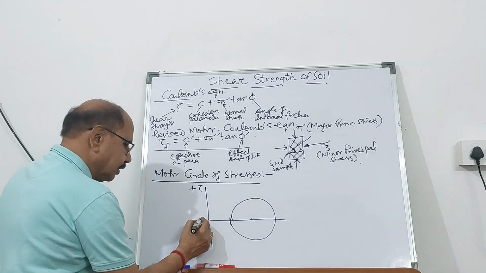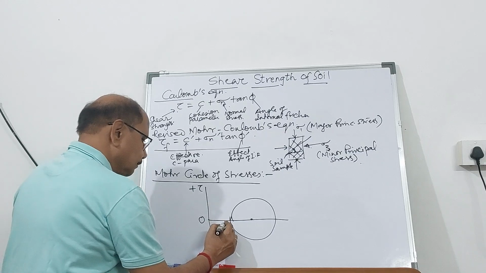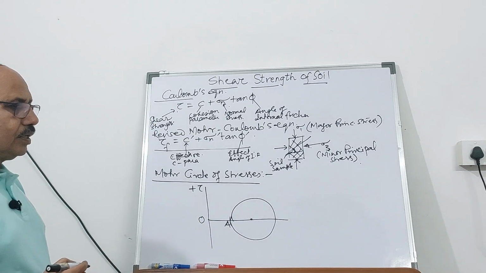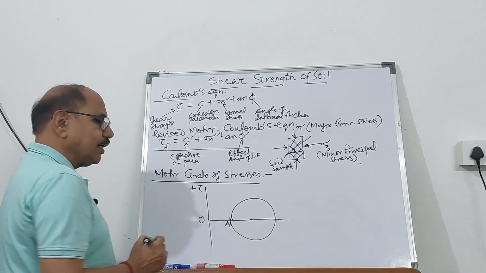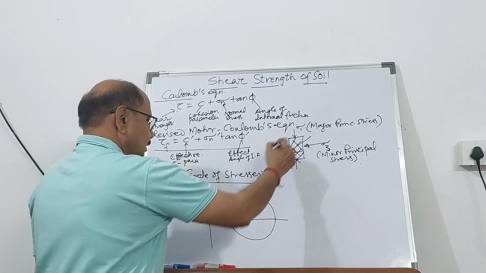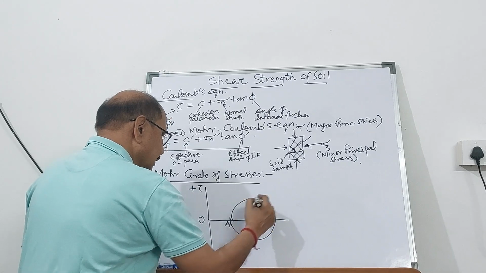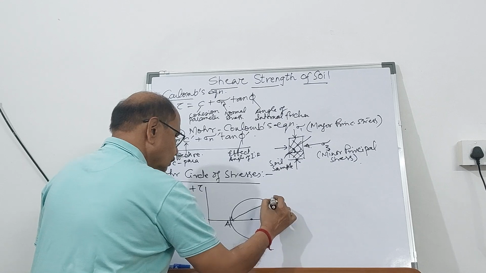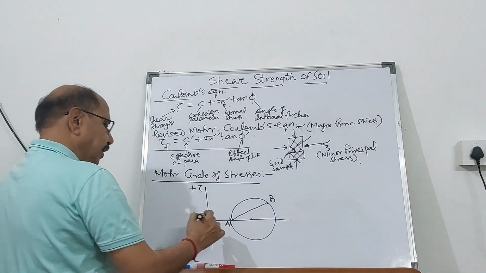This point is called O, this point is called A, and if you want to find out on any plane the shearing strength, let's say there is a plane, I may call this B.